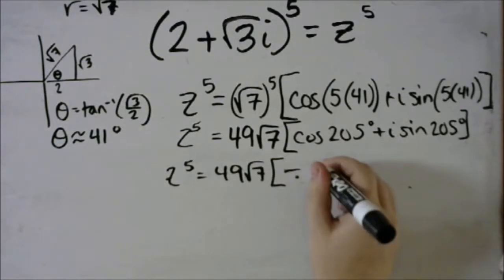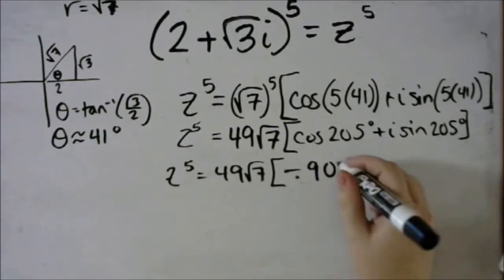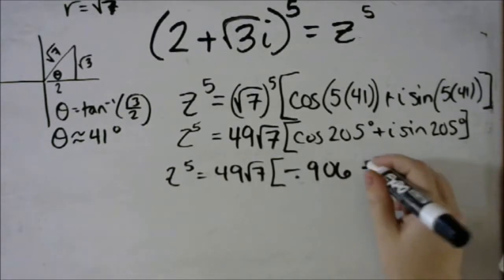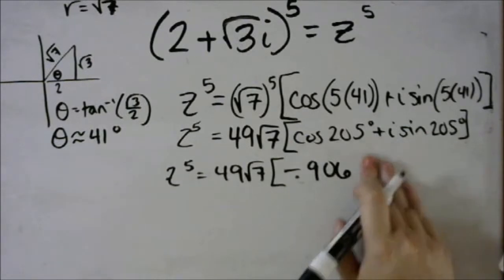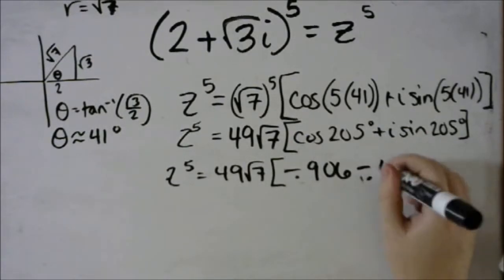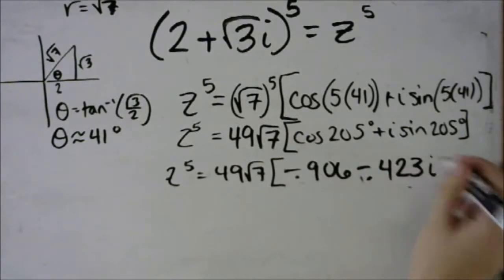times negative 0.906 plus, or really minus, 0.423i.